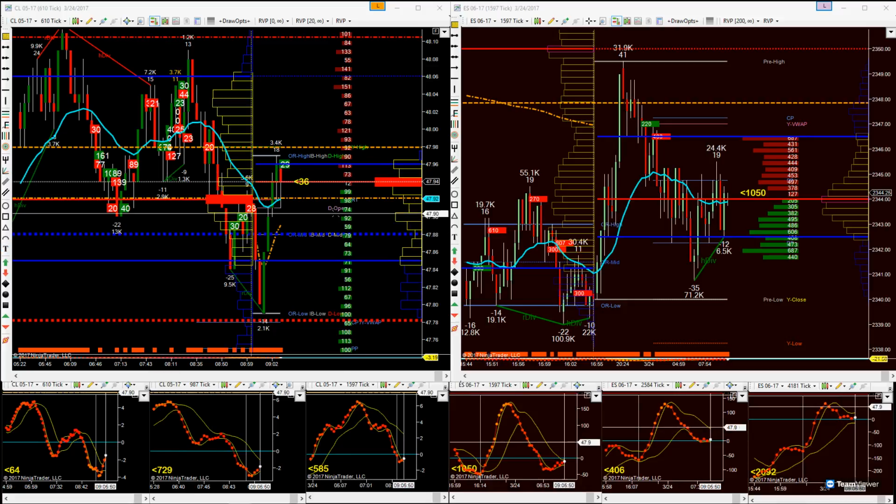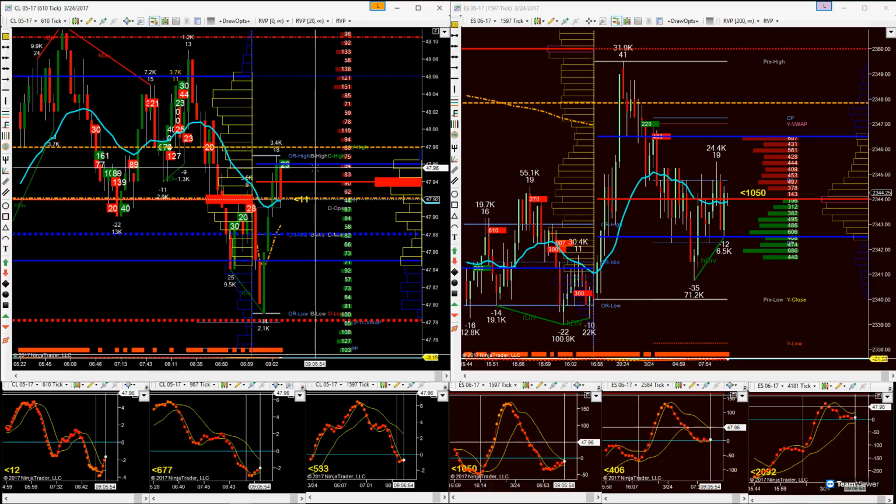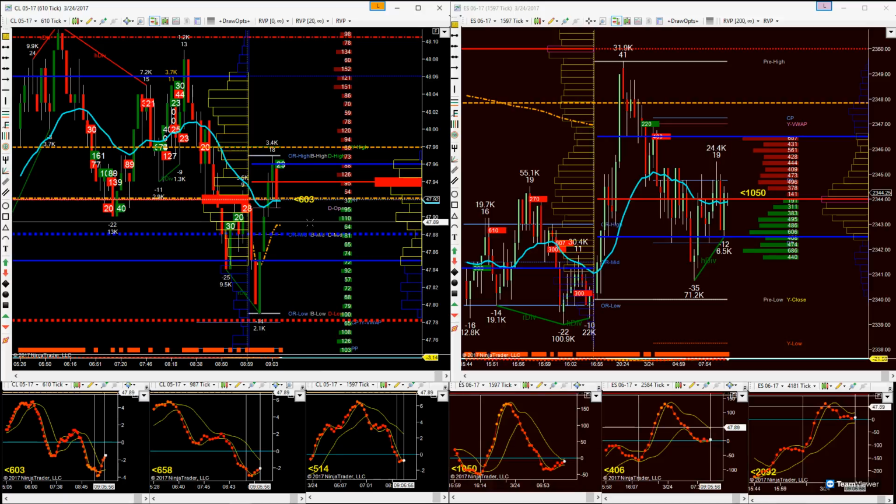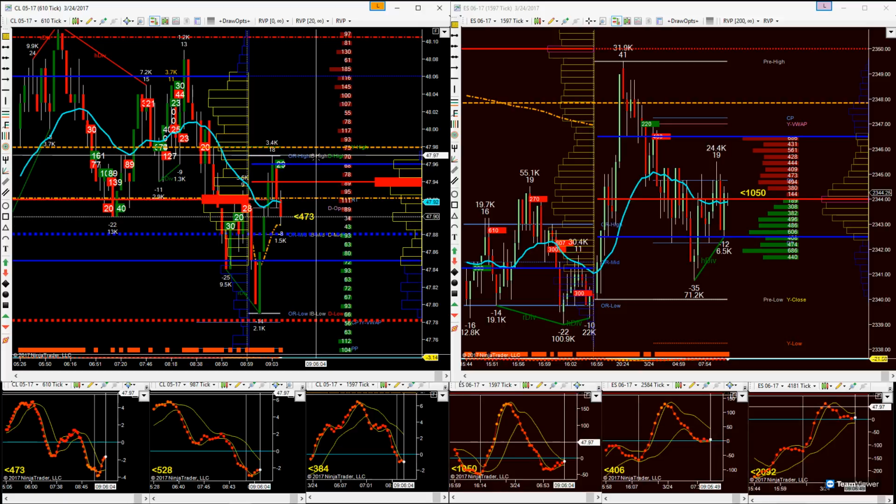Okay, so we just saw a big buy go off there. That's an interesting trade. I am tempted to buy a pullback here, but there's just not enough room to the high of day right now.